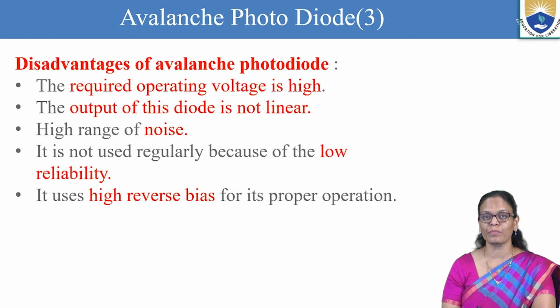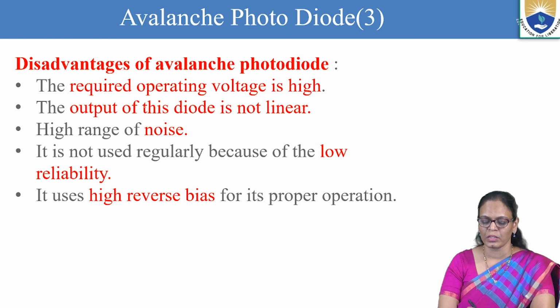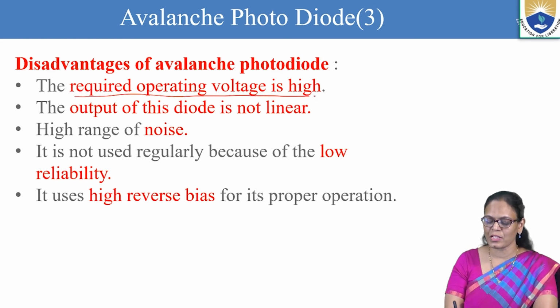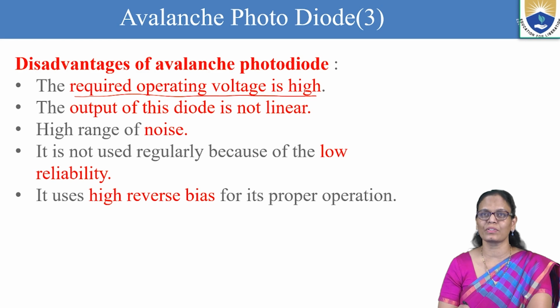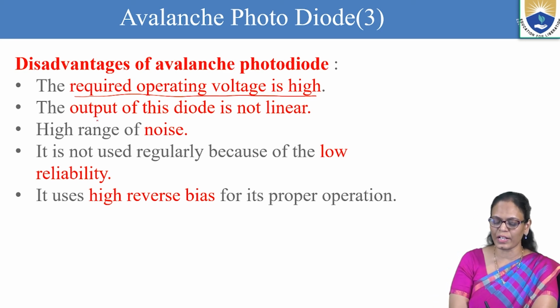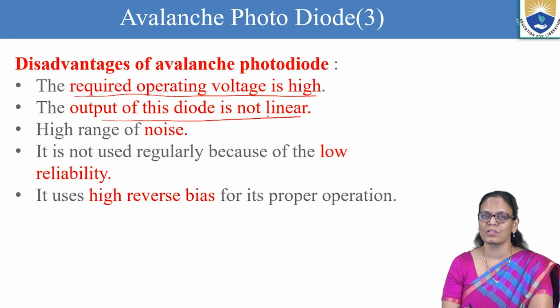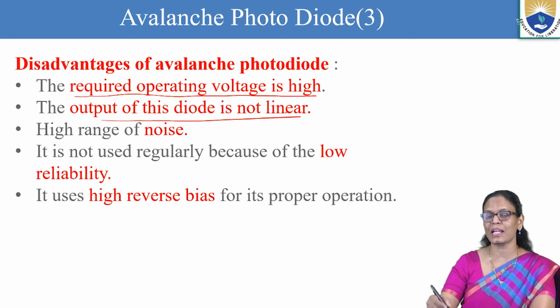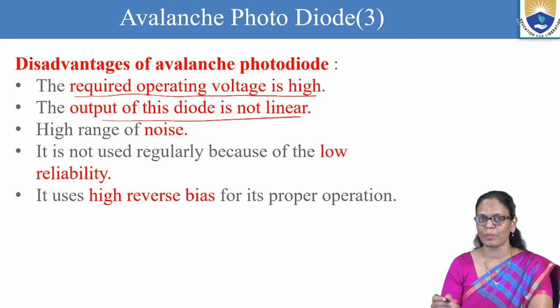Now coming to the disadvantages. The required operating voltage is high. It can withstand very high voltage, we thought, but for multiplication to occur we have to operate it at a very high voltage. And the output of the diode is not linear. In a pin diode we have seen it is linear, but here it is not linear because multiplication happens in geometric progression.